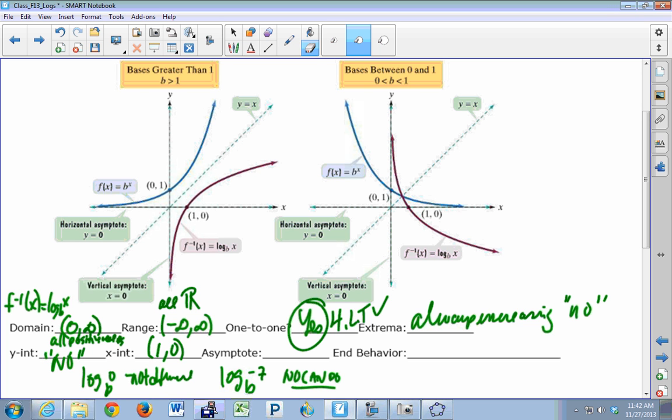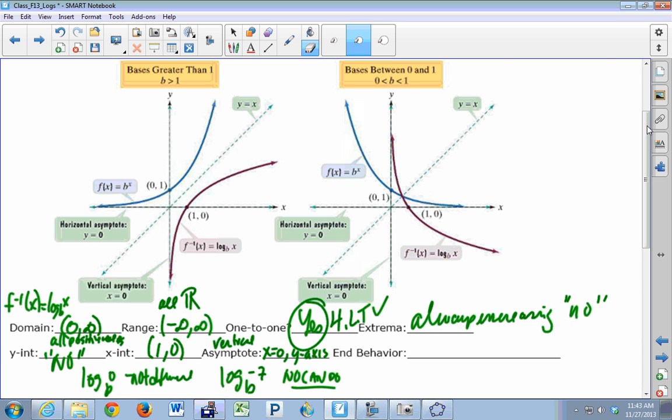Do I have any asymptotes with my log function? x equals 0, and that's the equation for what part of my graph? The y-axis, right? So for my first red function here, I have the negative part of my y-axis as the vertical asymptote.